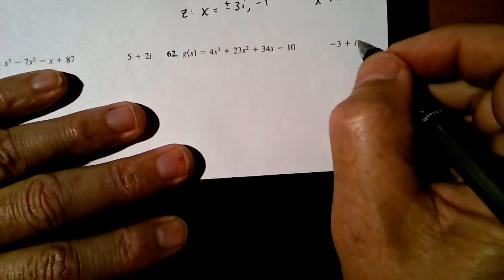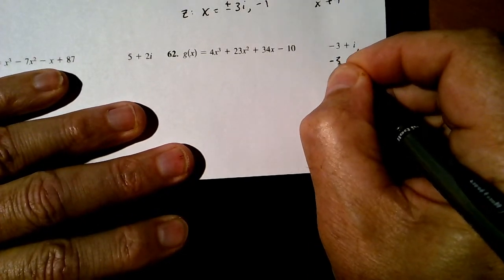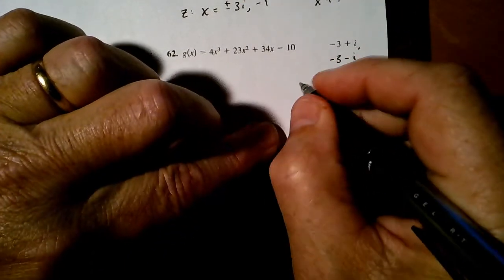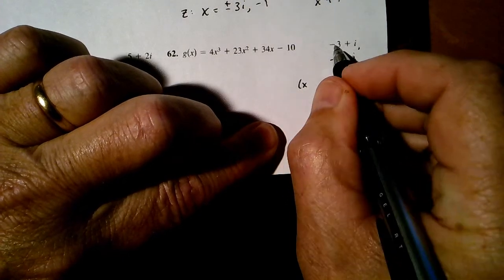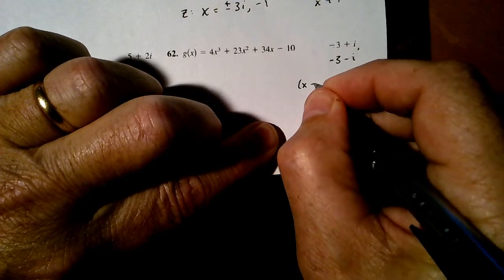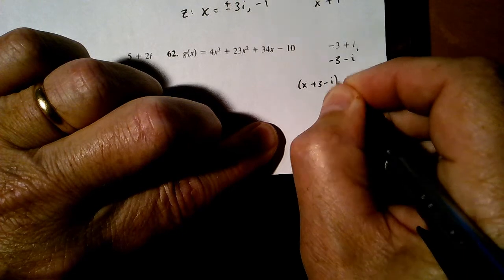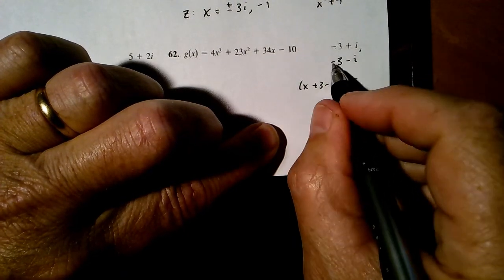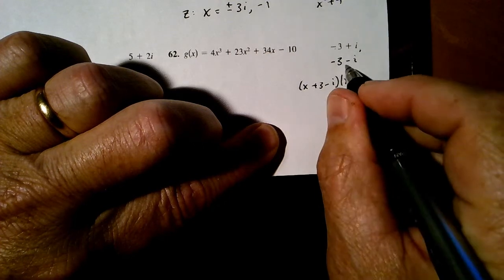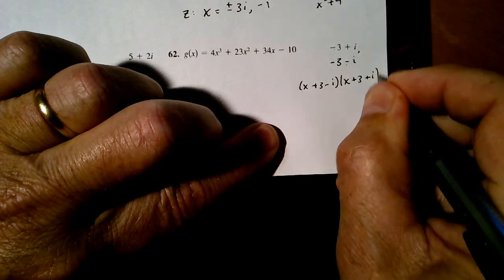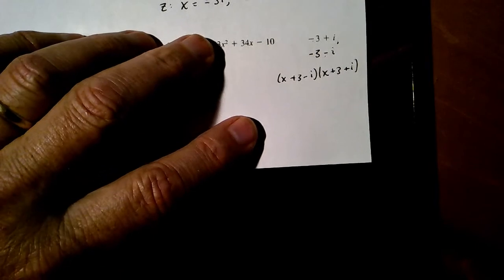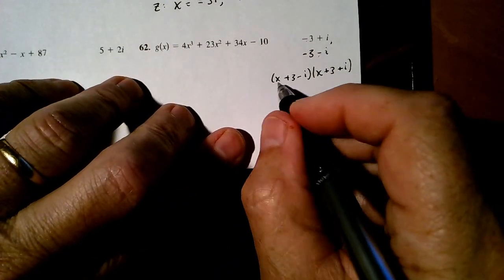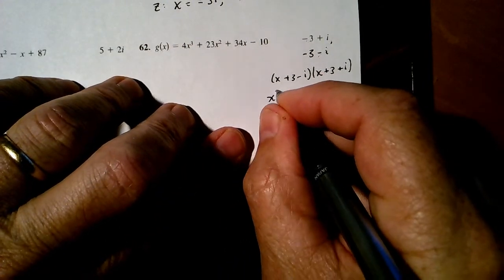If negative 3 plus i is a 0, so is negative 3 minus i, which means I've got factors of x minus this, distribute the minus, plus 3 minus i, and x minus this, distribute the minus, and I get minus minus plus 3, minus minus plus i. Let's super FOIL that. I'm going to get an x squared.